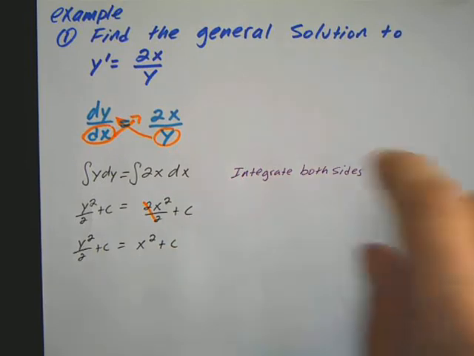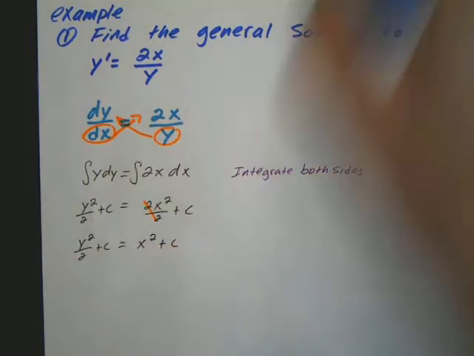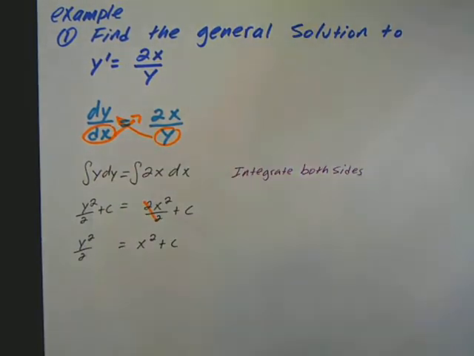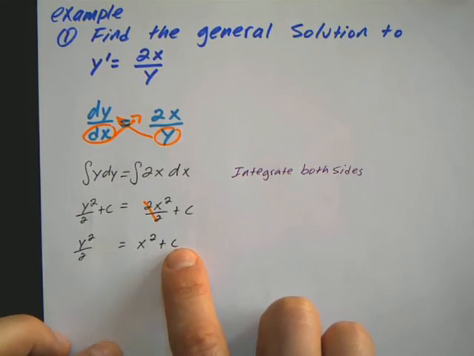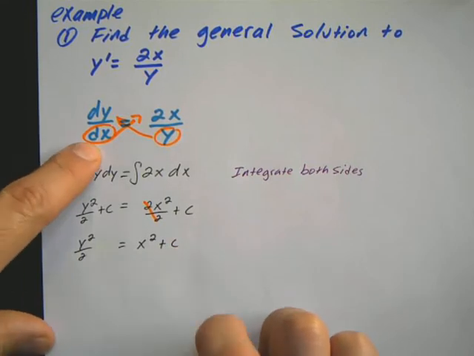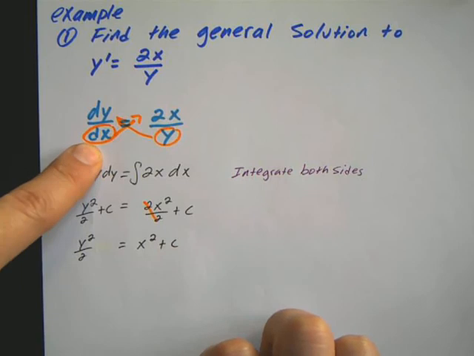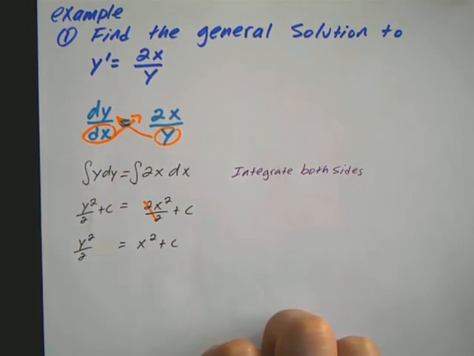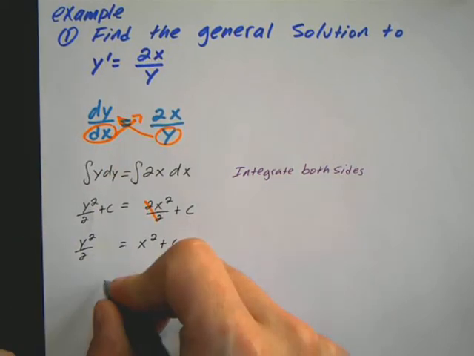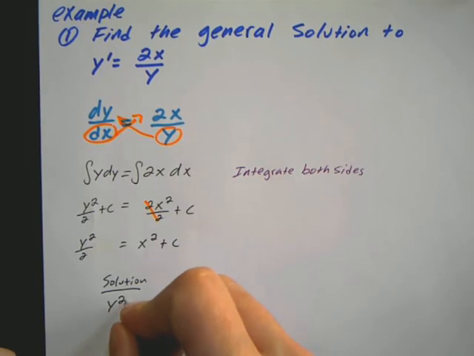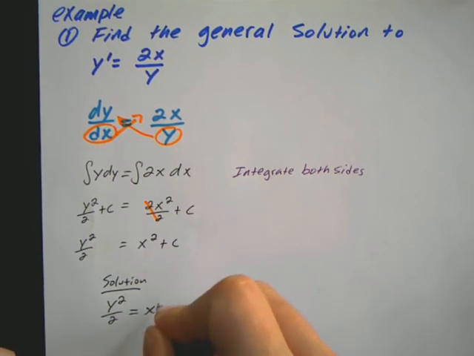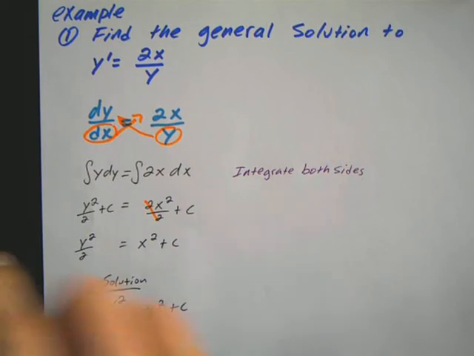So this integral doesn't get the c value. We're just going to have one c because it's just an arbitrary constant. So we're just going to say that the c goes on the side that the derivative was with respect to. And so that is our solution. It's going to be y squared over 2 equal to x squared plus c.